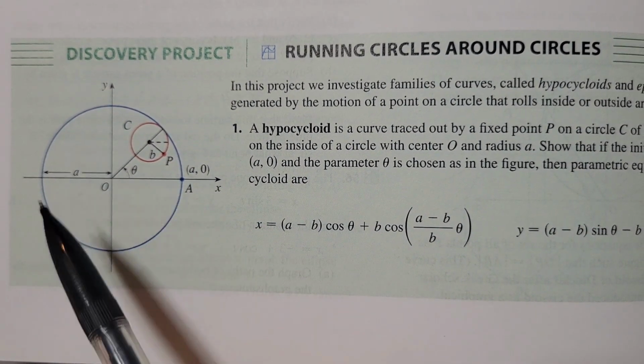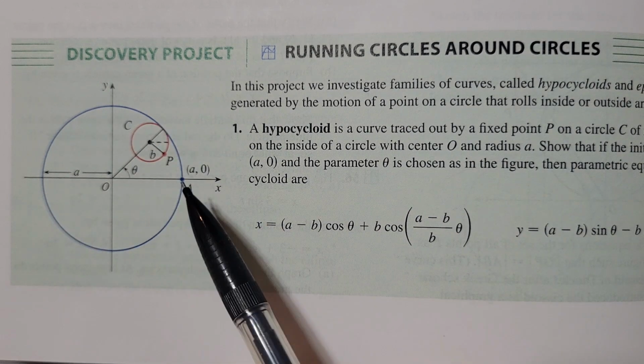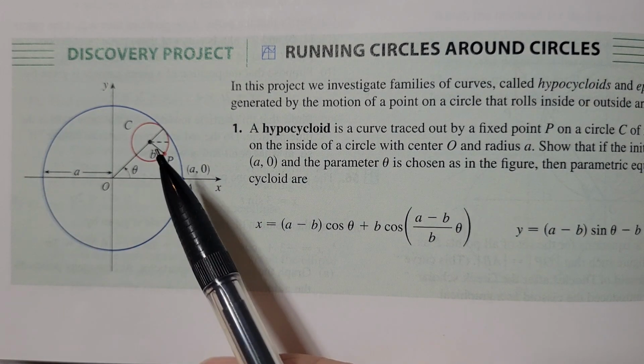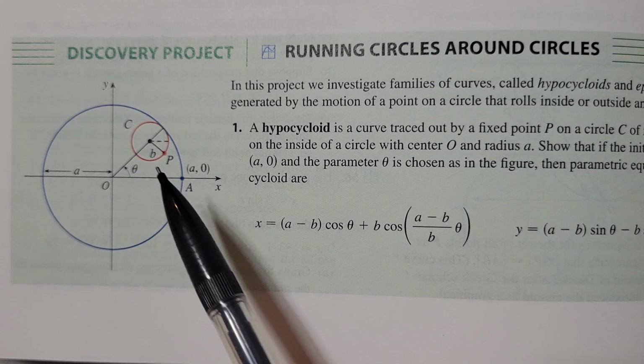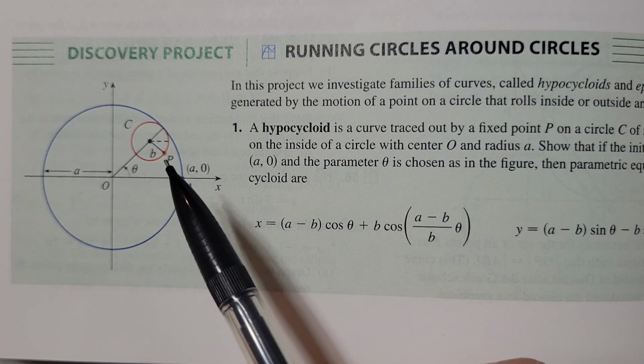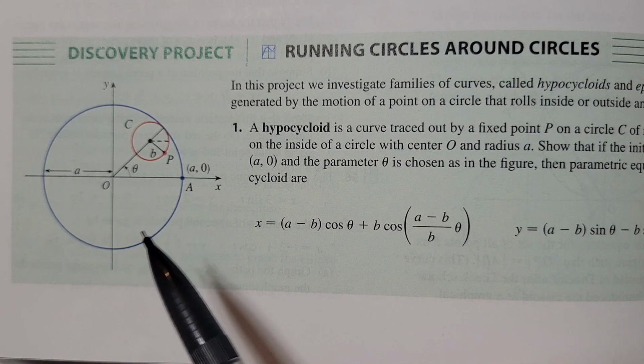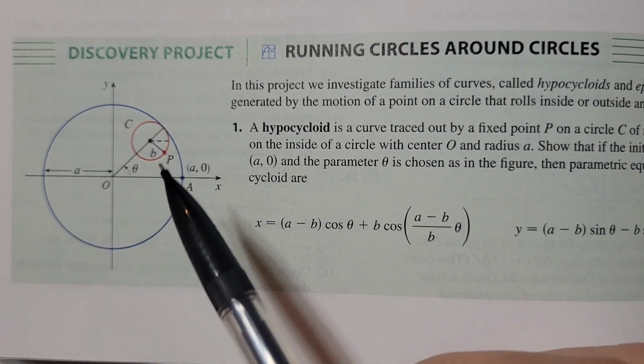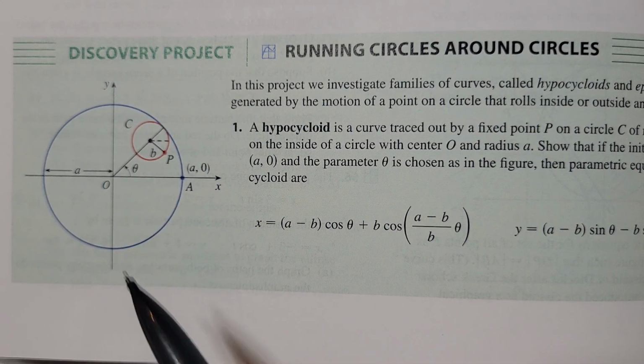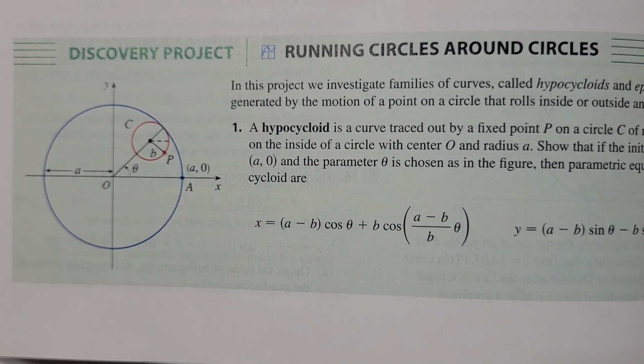I got this bigger circle of radius A and this smaller circle inside of it of radius B. And if I watch the smaller circle roll along the bigger circle, it's creating a curve if I follow the point P. Okay, that is called a hypocycloid.